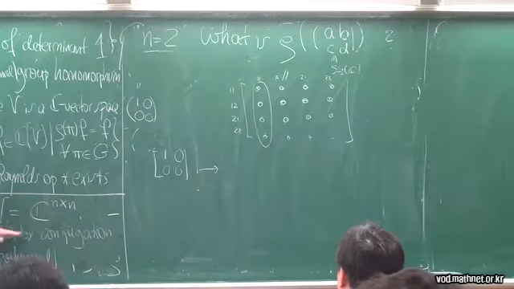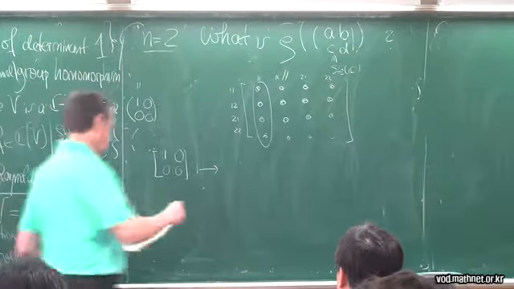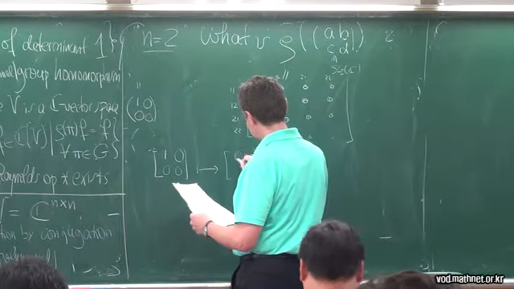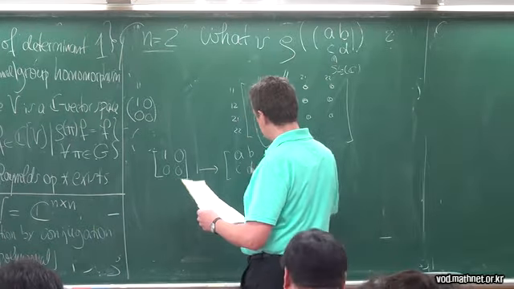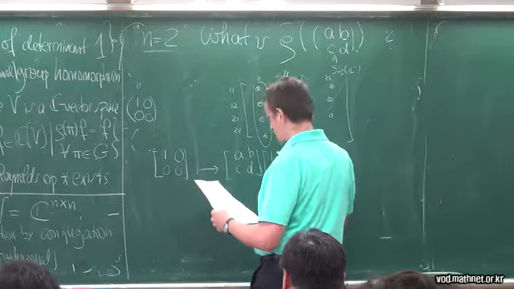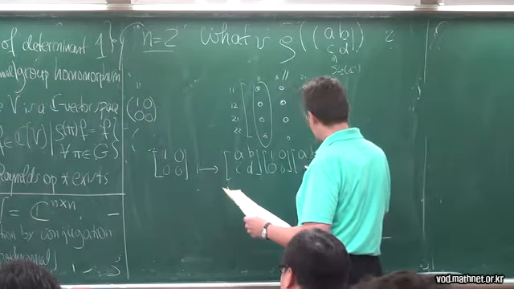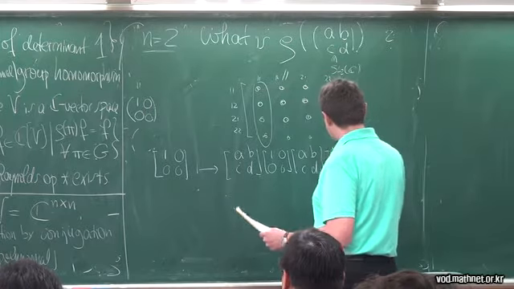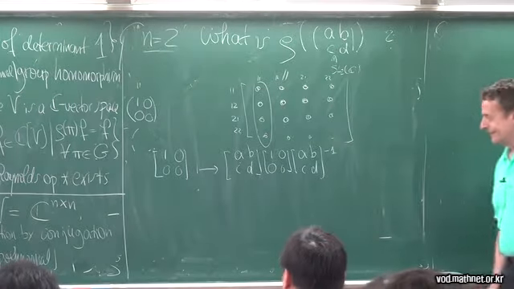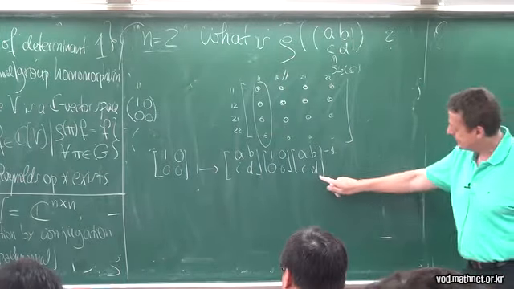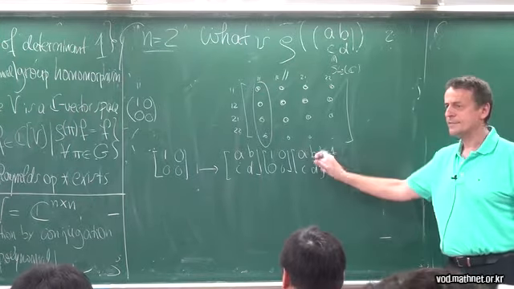And how does the endomorphism go? It's an action by conjugation. So let's do conjugation: the matrix A, B, C, D, times the matrix 1, 0, 0, 0, times the inverse of A, B, C, D. How do you, I forgot, you swap these and something like that.